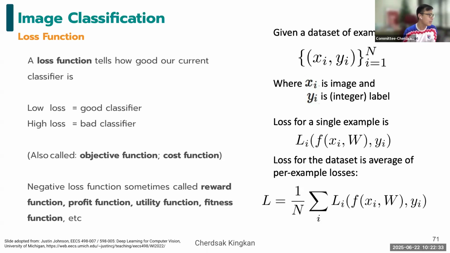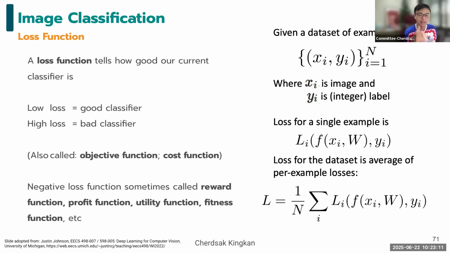Sometimes you might hear people say objective function or cost function. They mean the same thing as loss function, and they can be used interchangeably. Sometimes we also have a negative loss function, which we call a reward function if you are working with reinforcement learning, or a profit function, utility function, or fitness function.